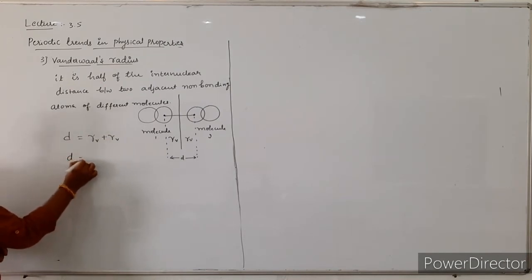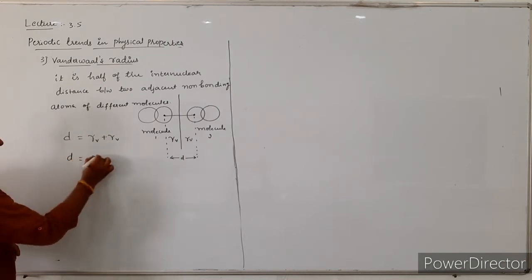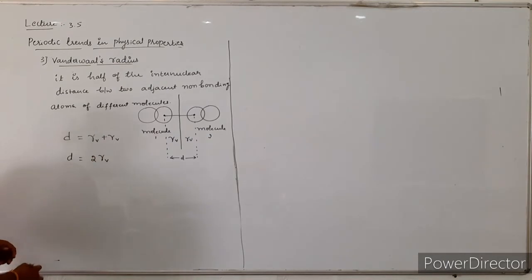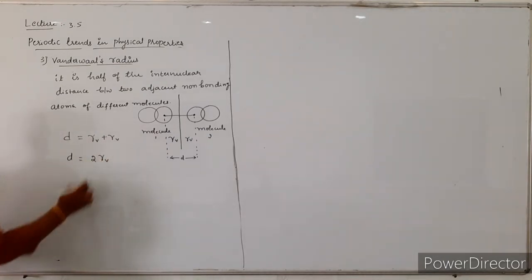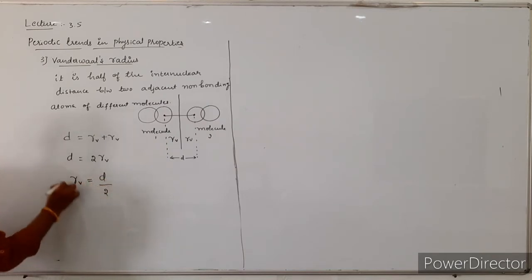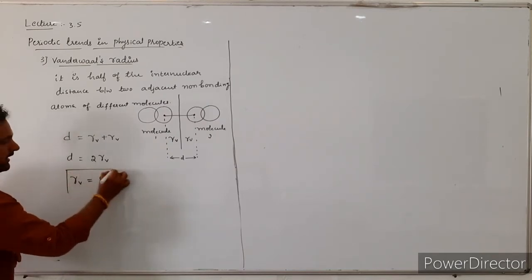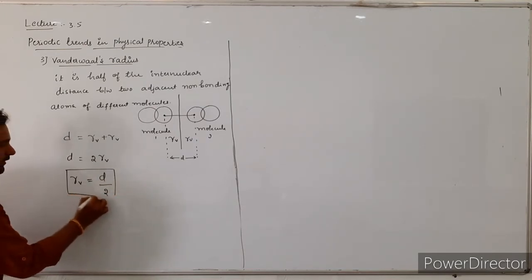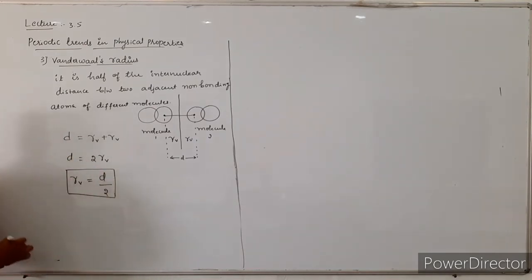D is equal to 2 into van der Waals radius of atom. And if you want to calculate van der Waals radius, then van der Waals radius is equal to D divided by 2. What is D? D is internuclear distance between two non-bonded atoms.